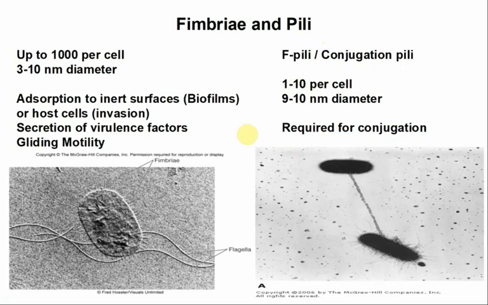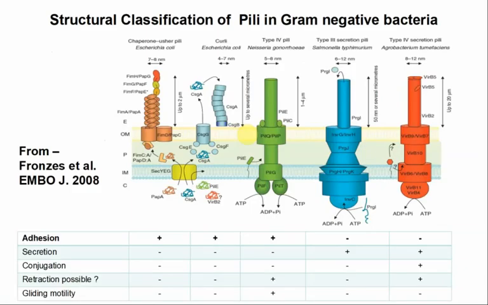So that's a bit more complicated than LPS or capsule, which is just a big layer outside protecting the bacterium. The functions are a bit more complicated, and I'm afraid this is associated with different kinds of structures being responsible for these different functions.